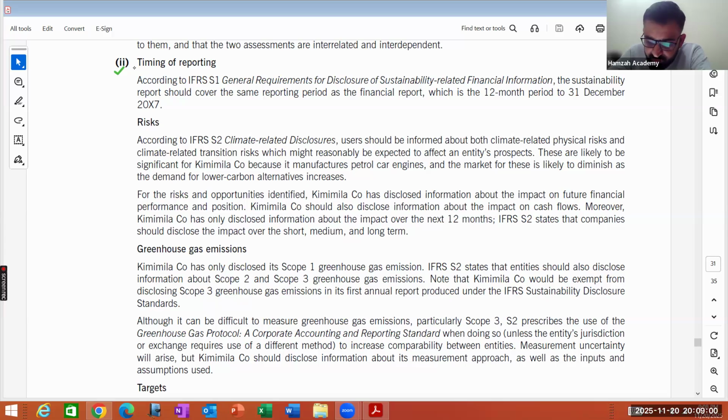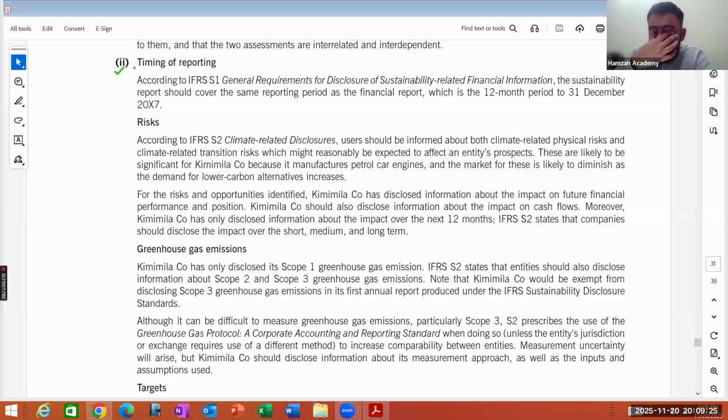And these are likely to be significant for K company because it manufactures petrol car engines and the market for these is likely to diminish as demand shifts to low-carbon alternatives. Now, transition risk is very serious for traditional car manufacturers, and K is the manufacturer of engines for the traditional car.